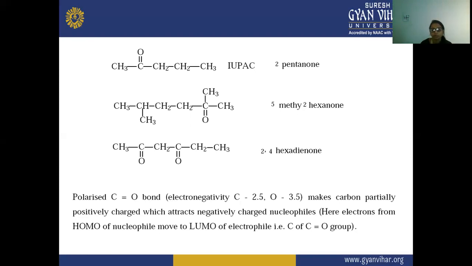Next is the polarized C=O bond. The electronegativity of carbon is 2.5, and oxygen has an electronegativity of 3.5. It makes carbon partially positive, which attracts a negatively charged nucleophile.